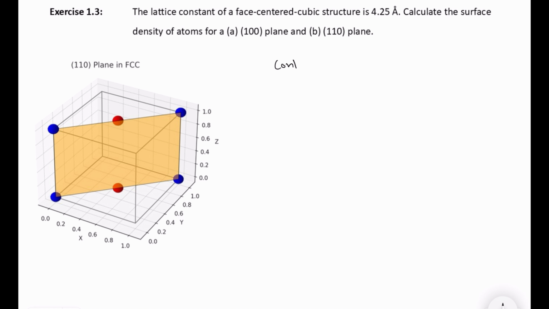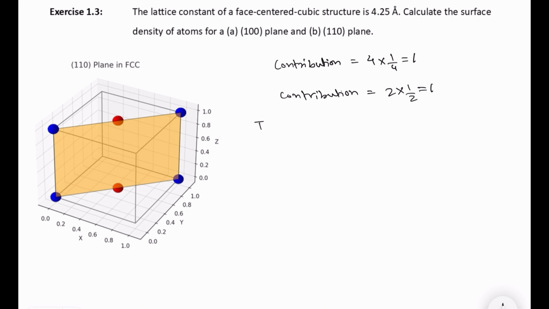The contribution will equal 4 into 1 by 4, which is 1, and 2 face centered atoms, each shared by 2 unit cells. Therefore, the contribution is 2 into 1 by 2, which is 1.